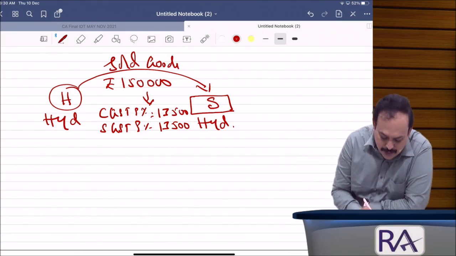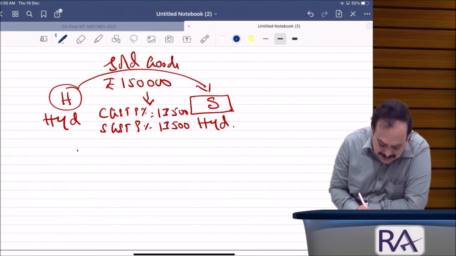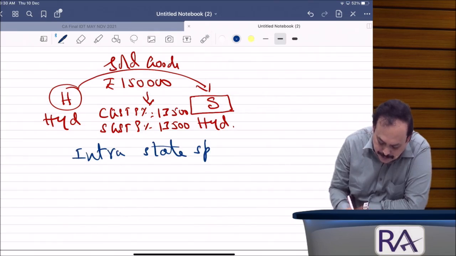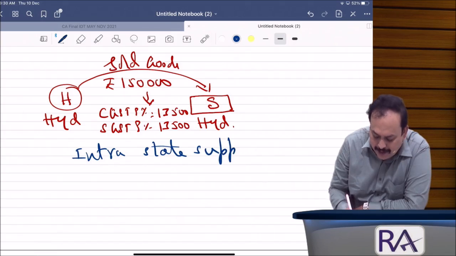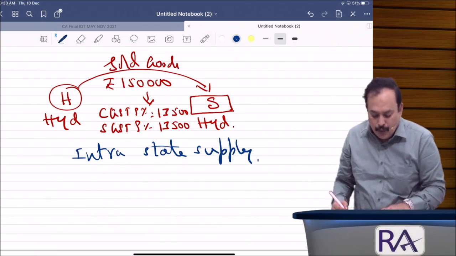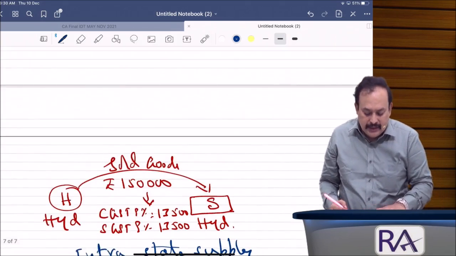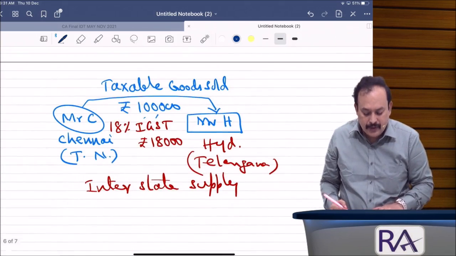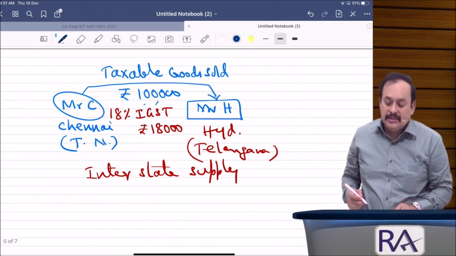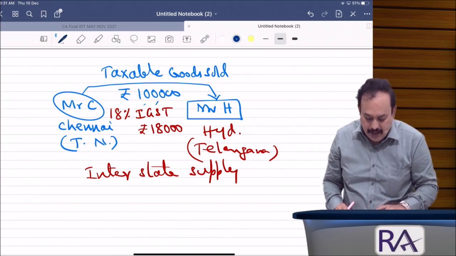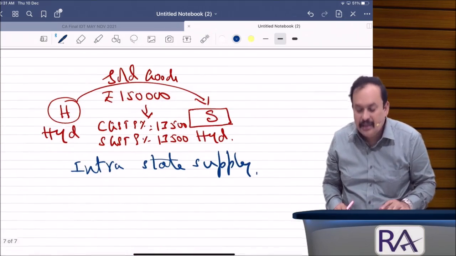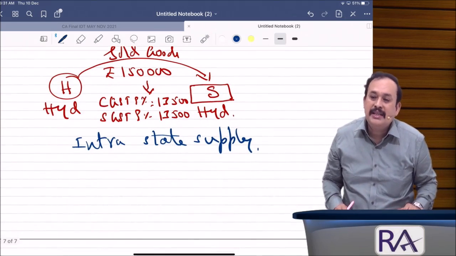As you rightly said, it is intrastate supply. Correct, sir? Now my point is, in the earlier example, interstate supply is liable to pay IGST. Here, intrastate supply is liable to pay CGST and SGST.